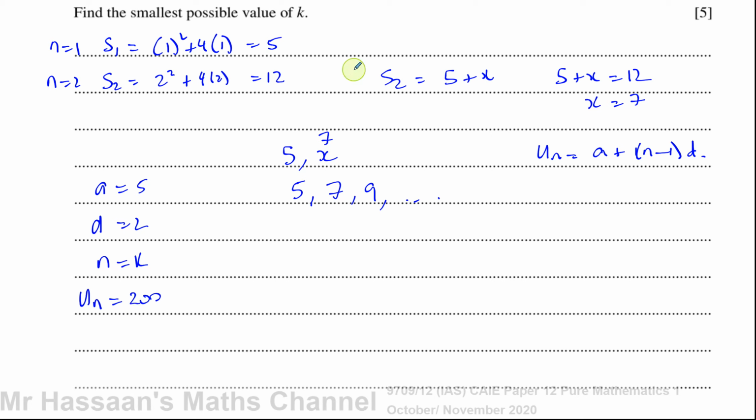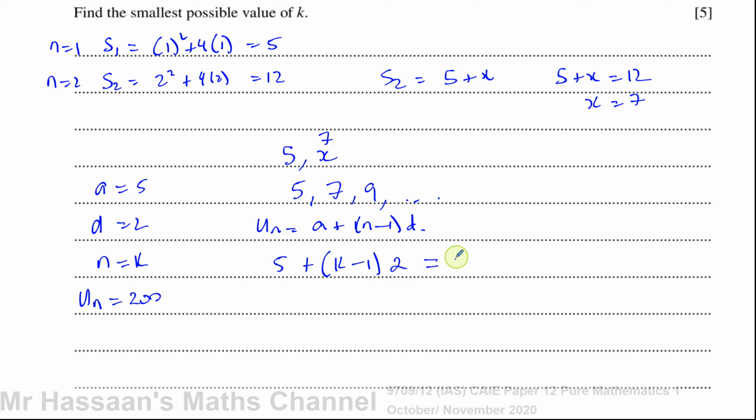Here we have the formula we will use. a, which is 5, plus n minus 1, which is k minus 1, times d, which is 2. I want to find the value of k for which this equals 200, and then I can deal with greater than or less than. So k minus 1 times 2 is equal to 200 minus 5, which is 195.